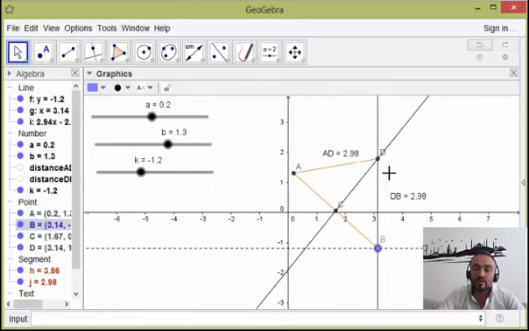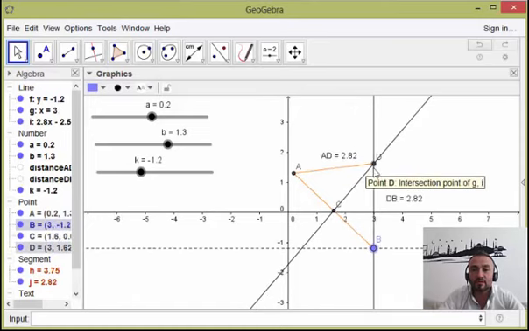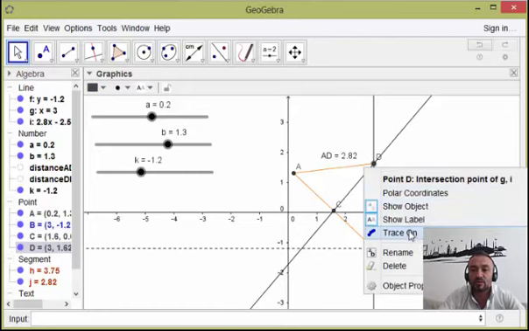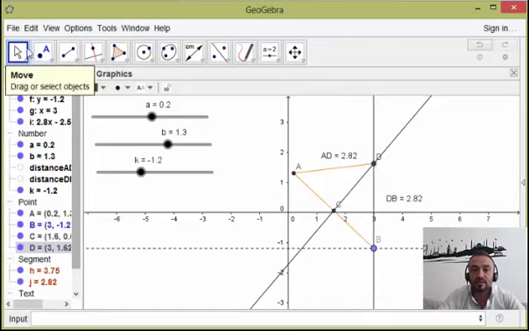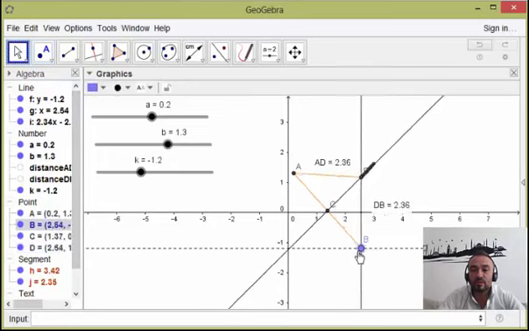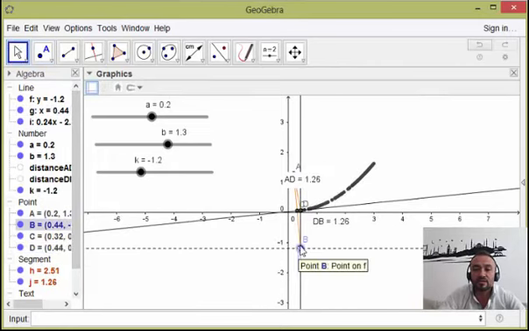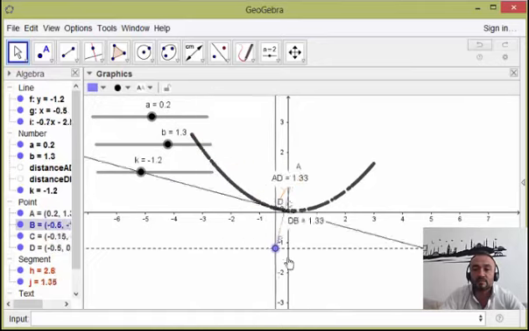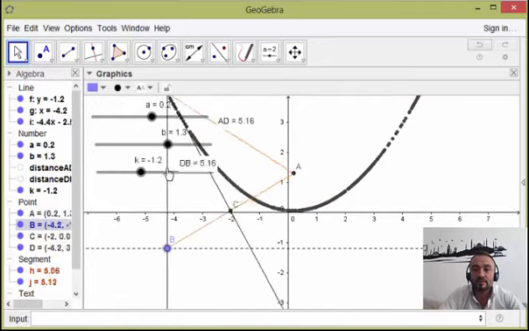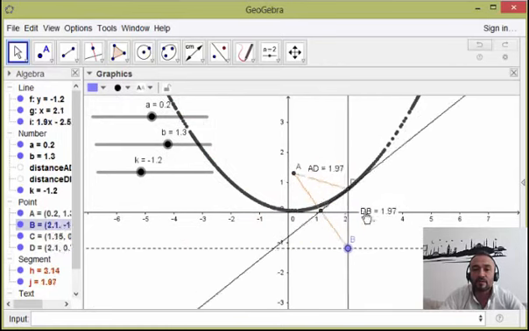So you have a point whose distance to the line y equal to k and the distance to A are the same. The locus of this point is a parabola, and you need simply to open the trace of this point, then move the point B, and this trace is a parabola.